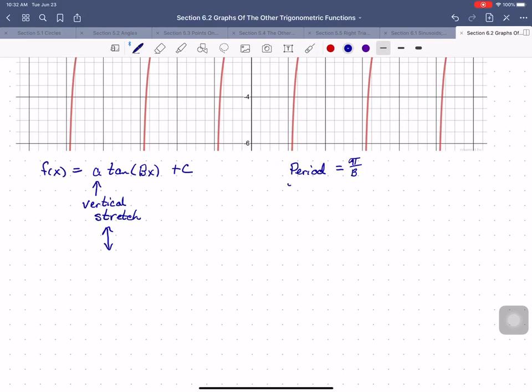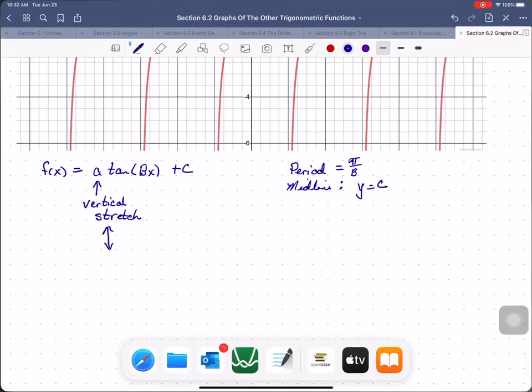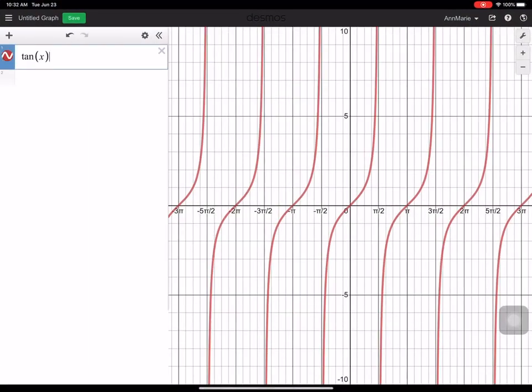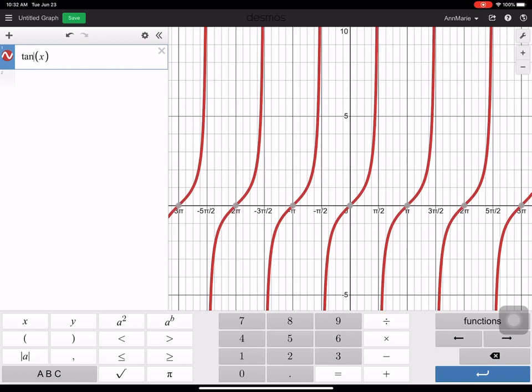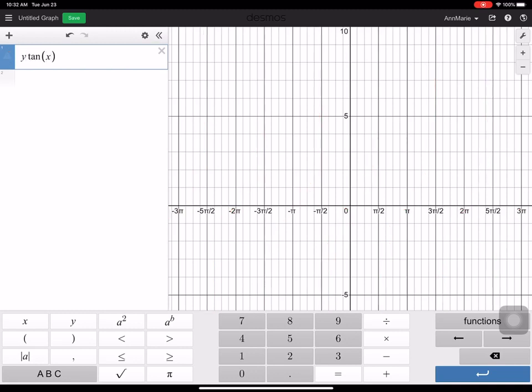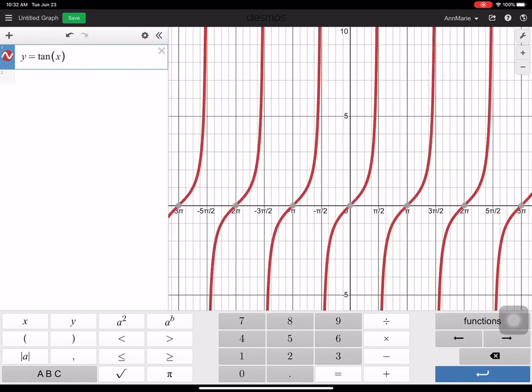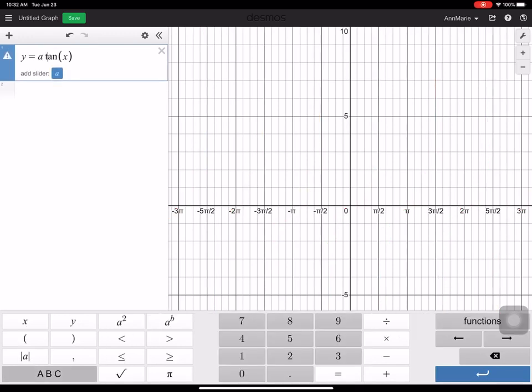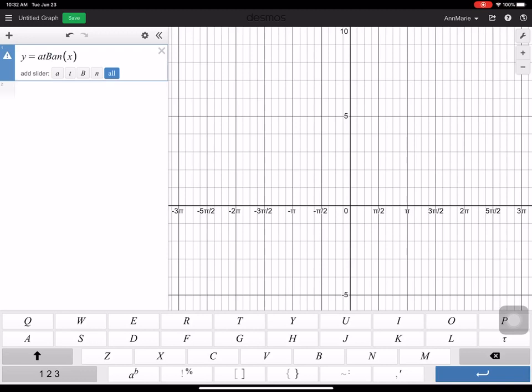And it'll have a midline at the line y equals c. So let's modify my Desmos curve a little bit.